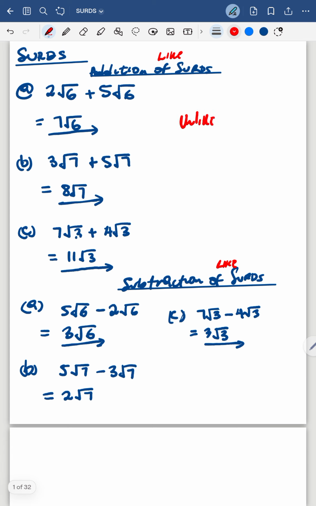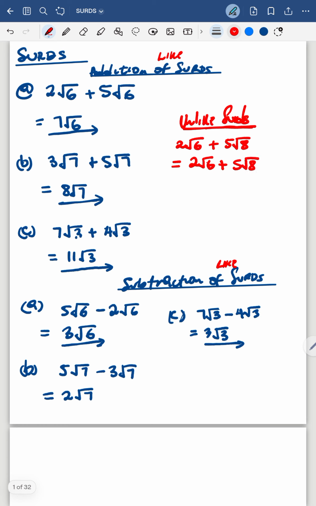How do you deal with unlike terms? If you have 2 root 6 plus 5 root 8, what is the answer? You keep it the same because you can't add unlike terms. These are unlike terms because they have different roots. Root 6 and root 8 are unlike, so you keep the same answer.